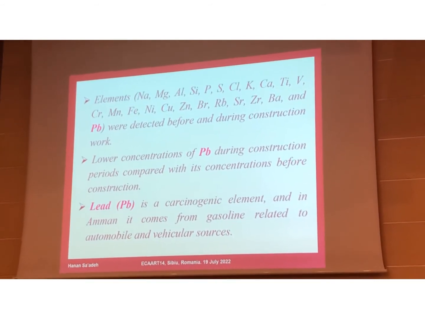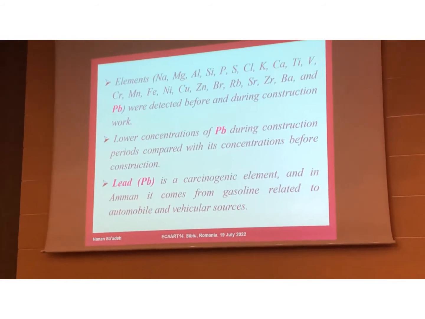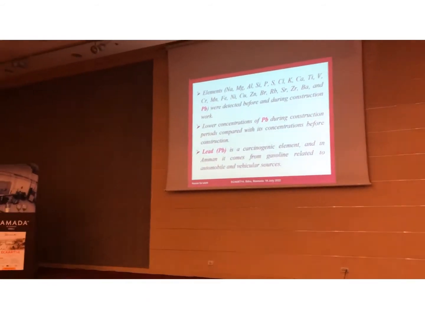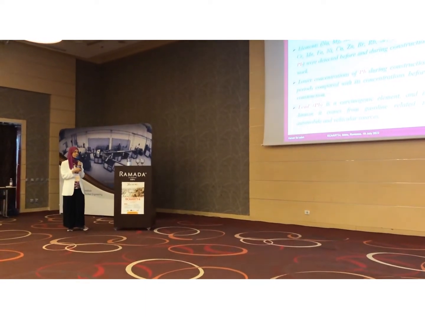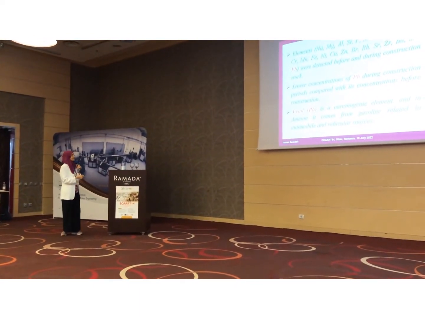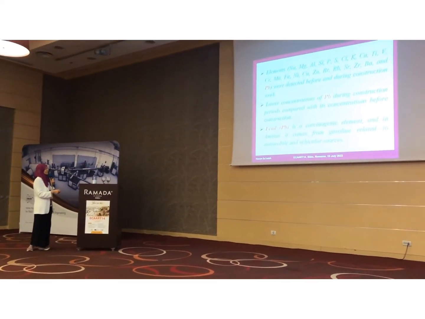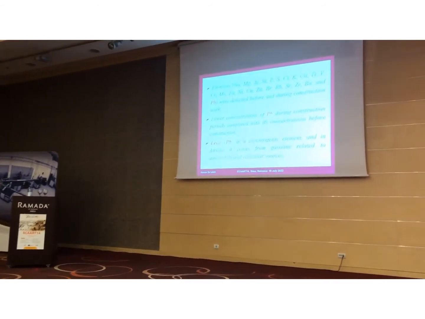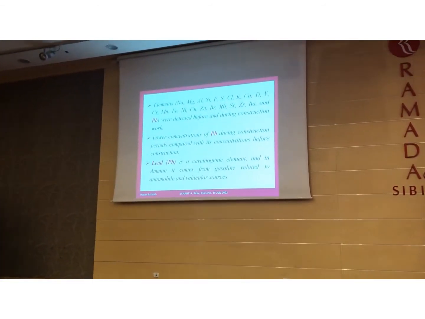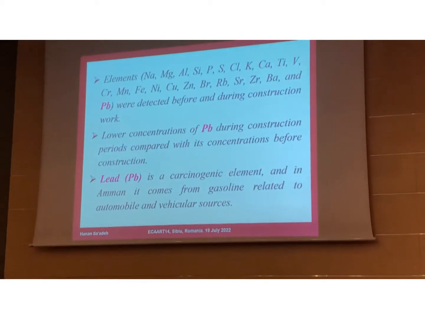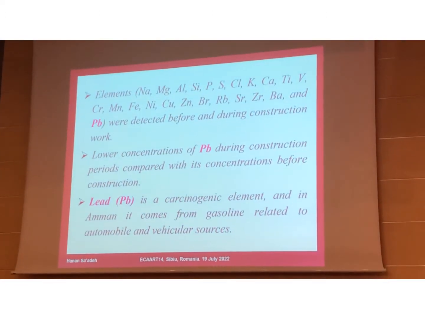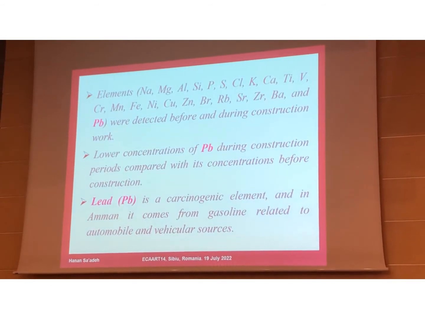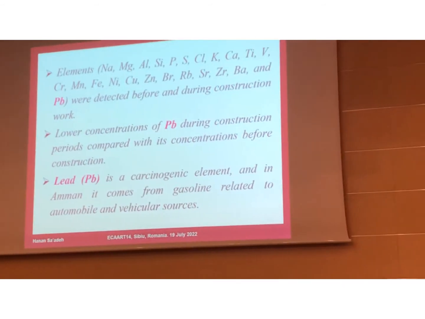So the first result that we found is that we detected about 23 elements in the Amman atmosphere. Among those elements, there were some harmful elements, and the notable harmful traces were from lead. Surprisingly, we found that the concentration of lead decreased during construction work compared to its concentration before construction.